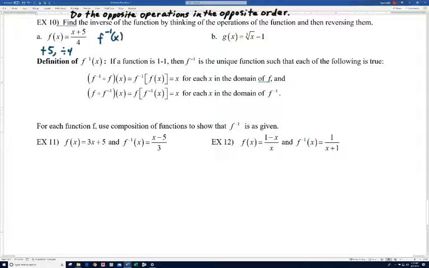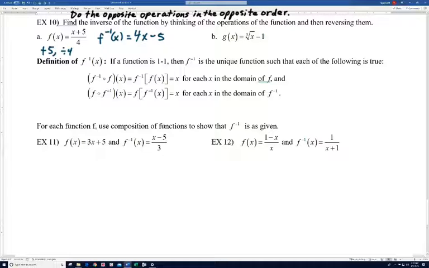For the inverse, we're going to take our x and multiply by 4. And then the first thing we had done is add 5, so we're going to subtract 5 here.